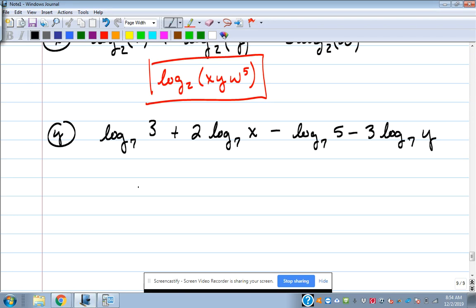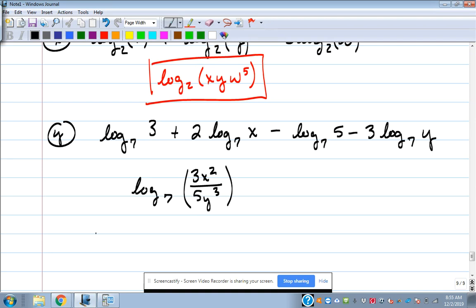Okay. Log base 7. The log base should be the same all throughout, else you can't condense it into one. Over what? 5.